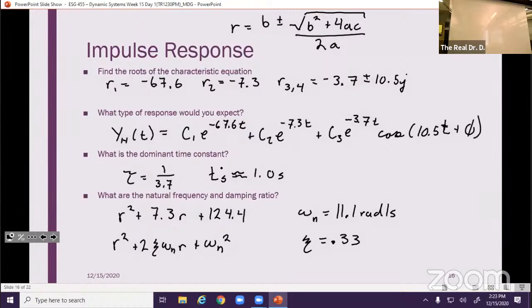Since they lie on the real axis, omega is 0, so there's no frequency associated with them. Okay. Any questions on that?